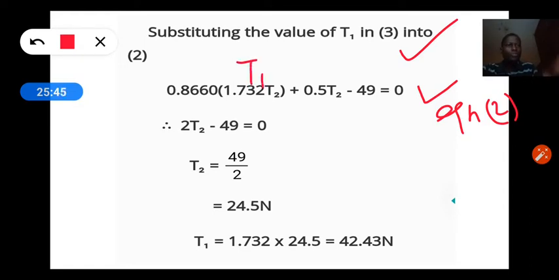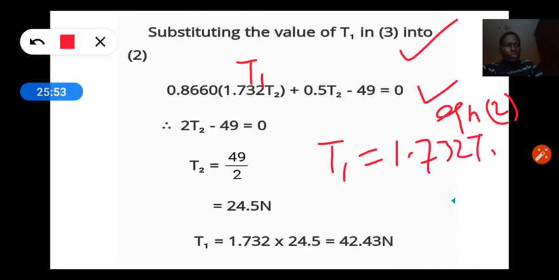So that's why we are putting that value of T1. T1 was 1.732 T2. That's how you see this replacing that. Okay, plus 0.5 T2 minus 49. So just simplify. Open the bracket here. So if you simplify and add up, you get this equation.